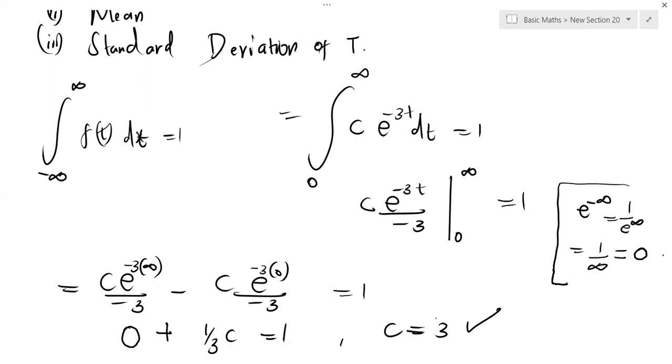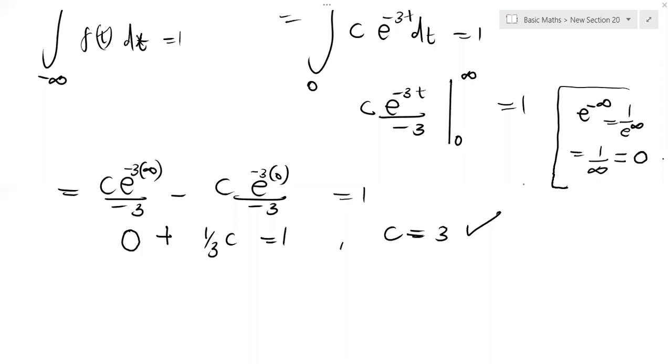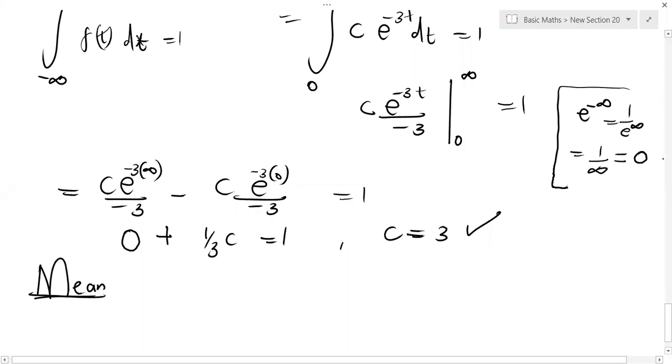Then we go ahead and get the mean. The mean is given by the integral from negative infinity to infinity of x f(x) dx, so in this case, t f(t) dt. This is the formula.